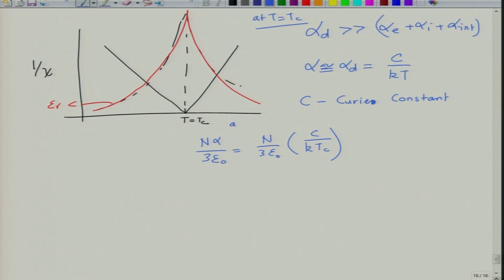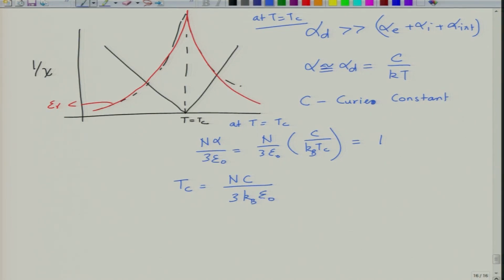So this will happen at T is equal to Tc, right, that is when it approaches 1. Then we can write Tc equal to NC divided by 3 kB epsilon naught.